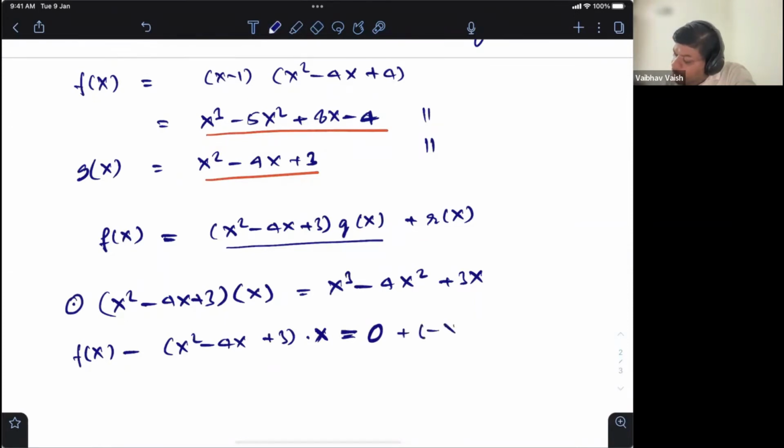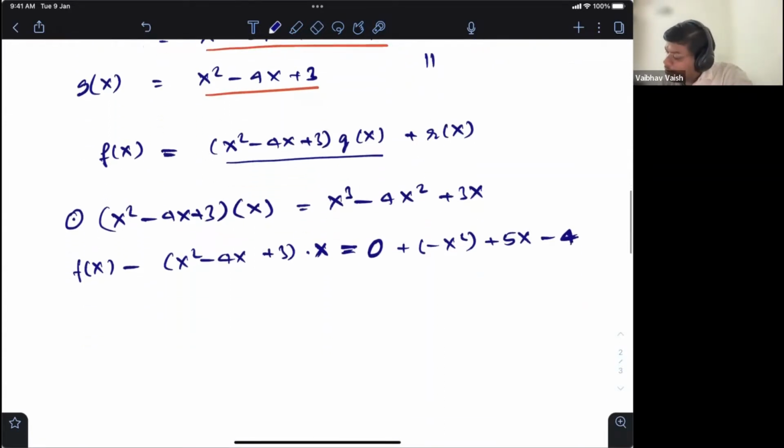Then for x, you have plus 8x, and then you are subtracting 3x, so you get plus 5x. So I hope I'll not make a calculation mistake. Otherwise, we have to revisit at some stage. And then the constant. So we have minus 4, right? So we have this polynomial.